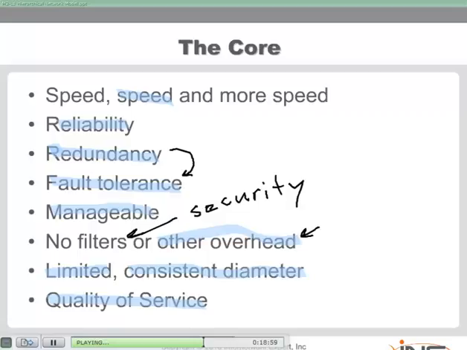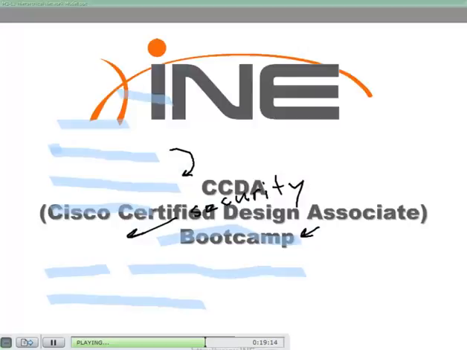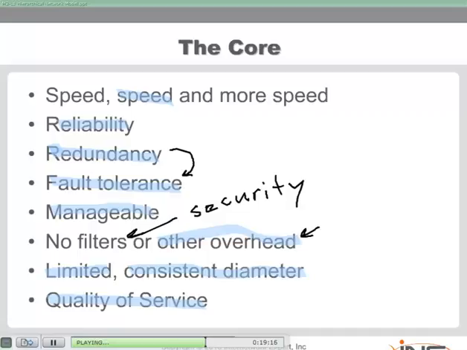Quality of service is going to be one of our most sophisticated topics in this course. One of the reasons that it is so complicated is that there's so much that makes up quality of service. It is really a complex topic.